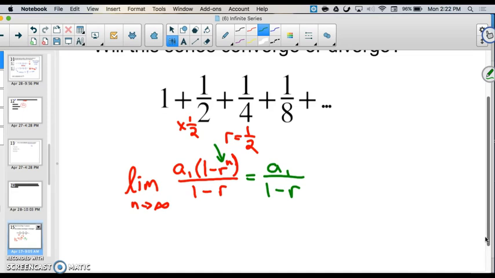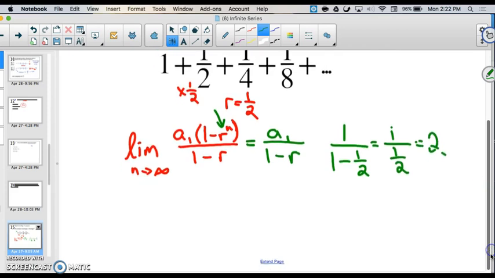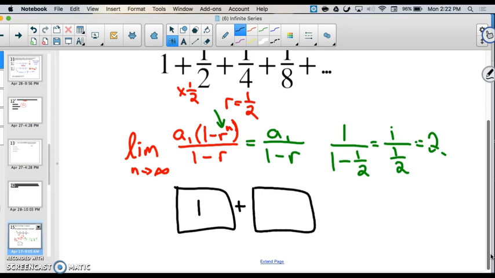So if we plug these numbers in, my 1 is my a1, so we'll have 1 over 1 minus the rate. So that's 1 over 1/2. So this is going to converge to 2. Remember, we also did that drawing last class, where if we start with 1, and then we want to add on the next term, that's 1/2.